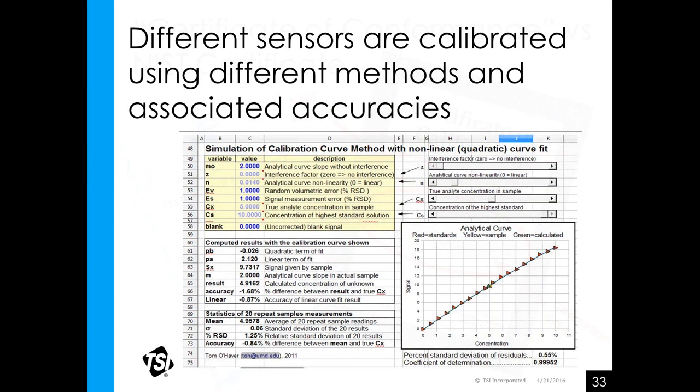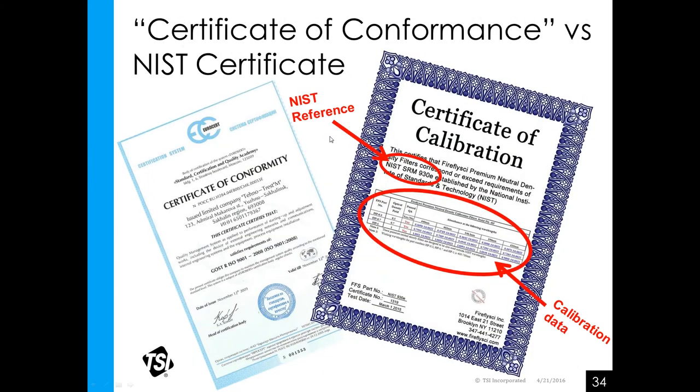You need to look for a reference to a national reference laboratory or a standard, such as NIST for the USA, DIN in Germany, JIS in Japan. Those kinds of terminology are what you need to see on the certificate. Here's your SRM, standard reference material, that was used. It conforms to NIST, and there's calibration data here.